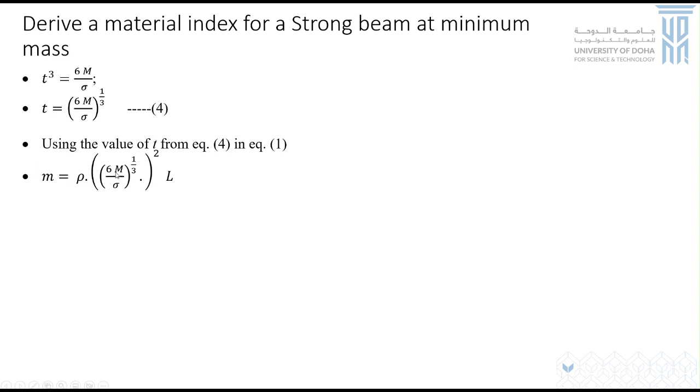I now separate the constraint variables and the material property variables, right? Because material we are still free to choose. So we are only left with constraint variables which are moment and length, and the material properties which are density and sigma yield, right?